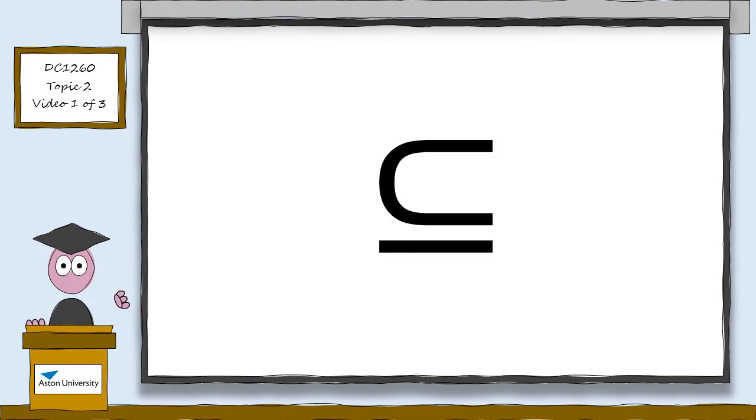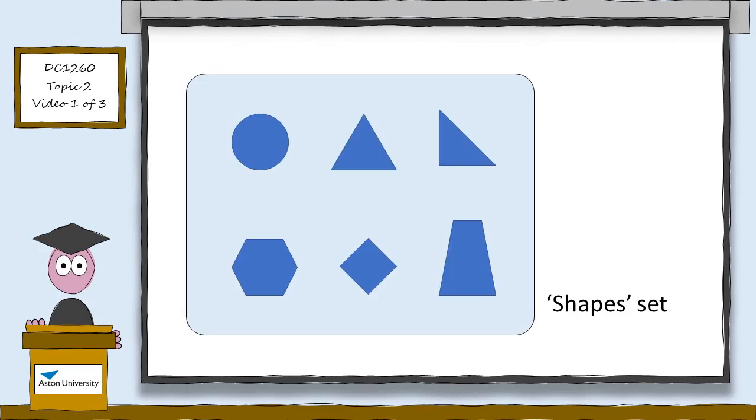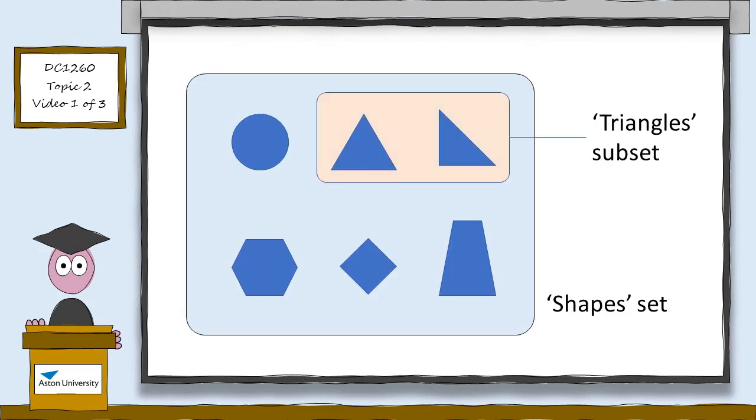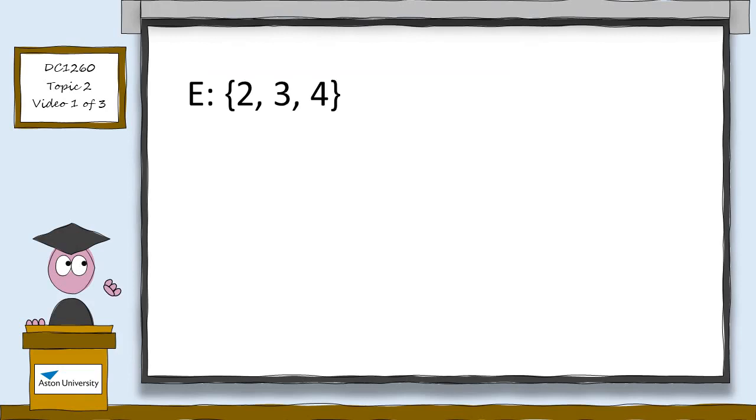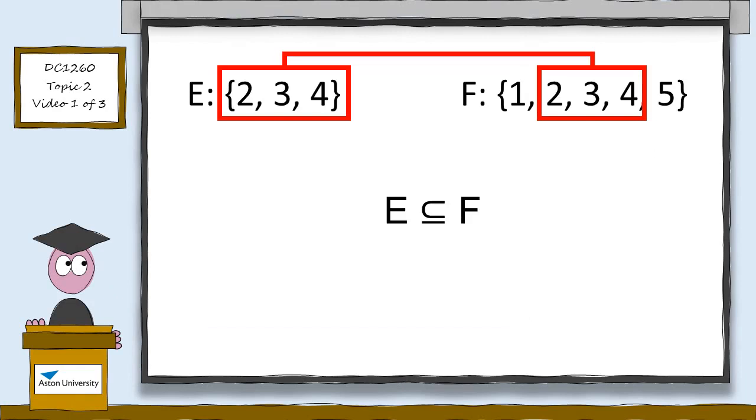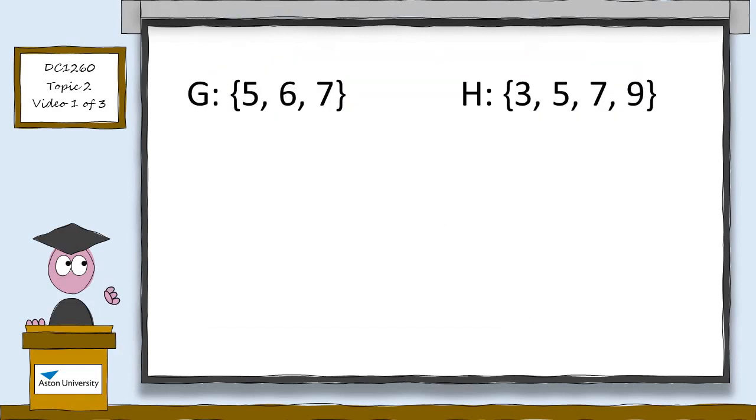Just a few more symbols now. This one means is a subset of. A subset is a set that is wholly contained within another set. If this is set E and this is set F, set E is a subset of set F. Set G is not a subset of set H because one element within set G is not present within set H. We could use this symbol here, which means is not a subset of.